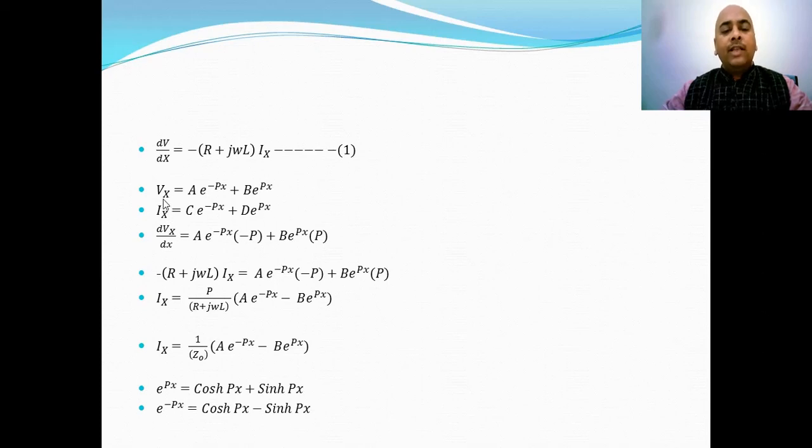Now differentiating Vx with respect to x, we obtain that it is A e raised to power minus px multiplied by minus p plus B e raised to power px multiplied by p.